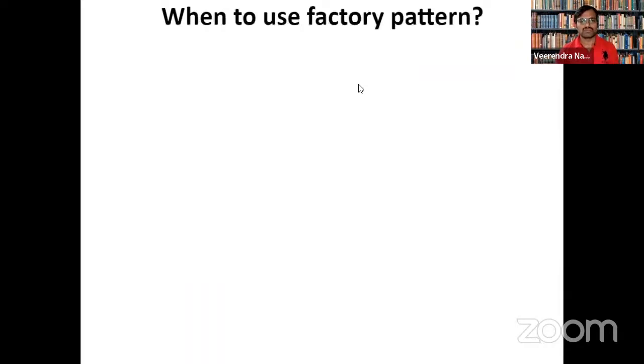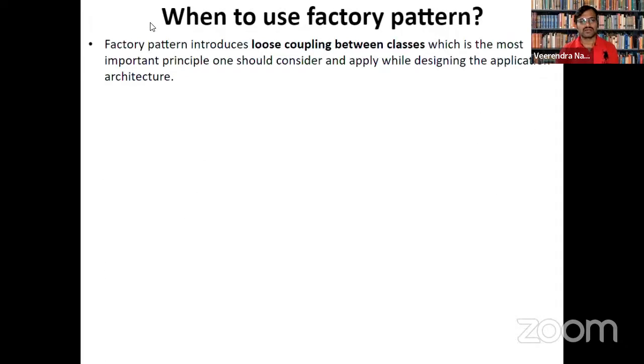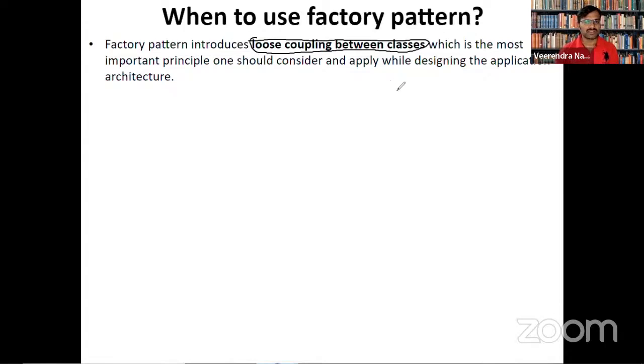When do we have to go for the factory pattern? You might be asking, we already have so many other creational patterns, so why do we need the factory pattern? The factory pattern is really important because it introduces loose coupling between the classes. It integrates the classes which are most important in the whole development of the program.